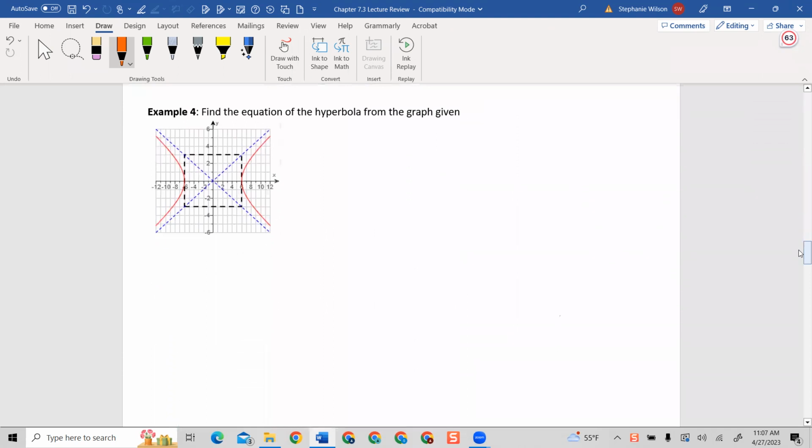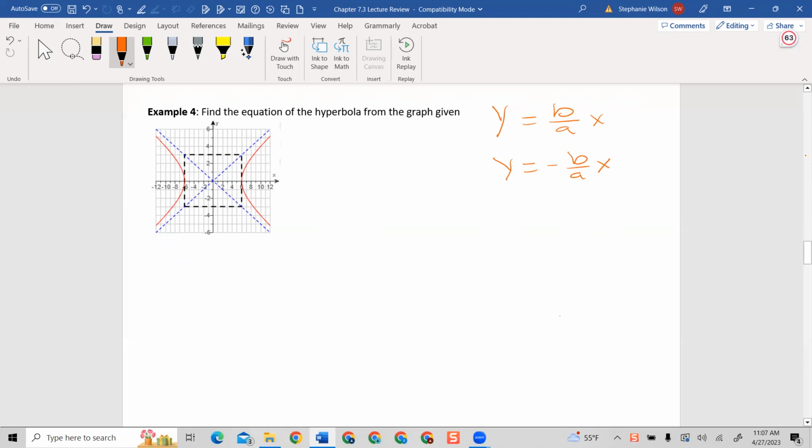We're going to find the equation of the hyperbola from the given graph. So we have this graph here. It's blown up a little bit better so you can read it. Makes it a lot better. We notice that we have y equals b over a x, and this is y equals negative b over a x.